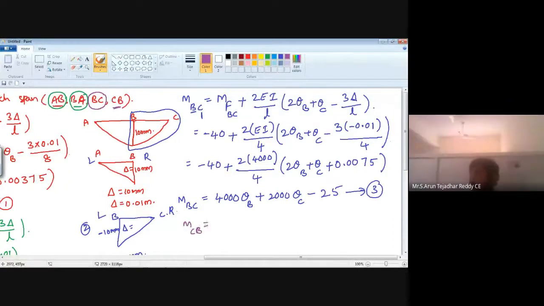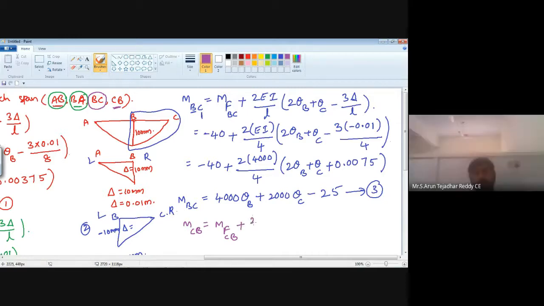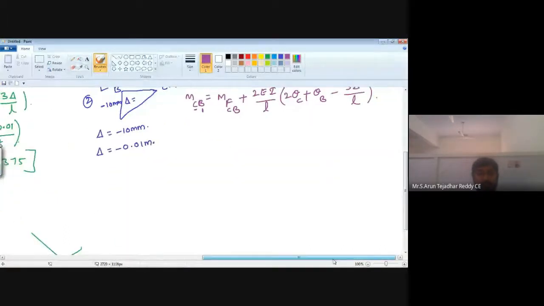MCB is equal to fixed end moment, span is CB. So MFCB plus 2EI by L into first term is C. So twice theta C plus second term is B. So theta B minus 3 delta by L. Already we calculated MFCB value.